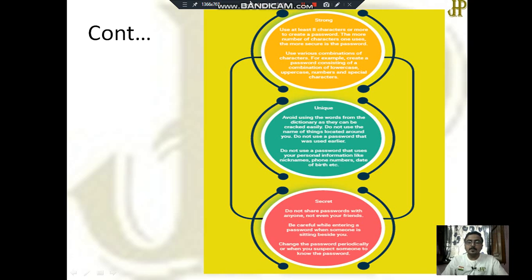And lastly, your password should be strong. How is it to be done? It should be a combination of letters, digits and special symbols. Okay?